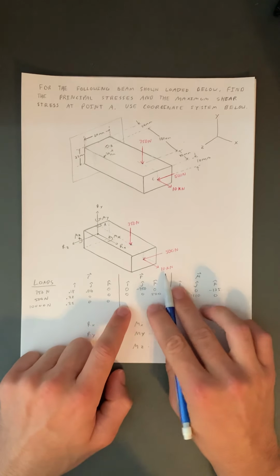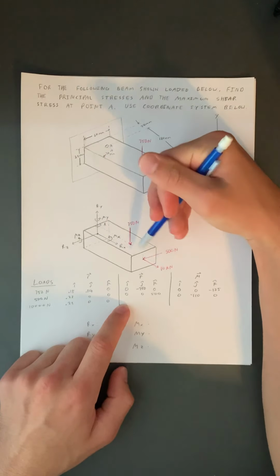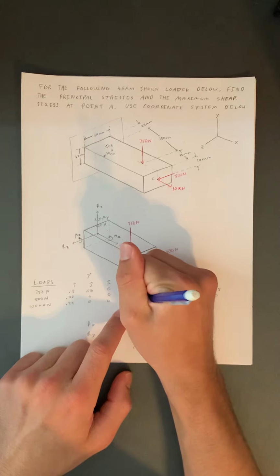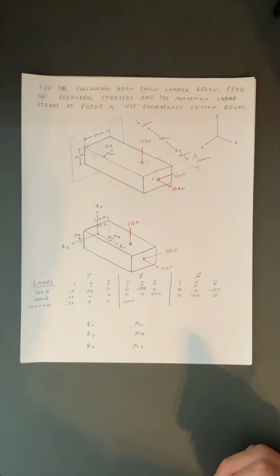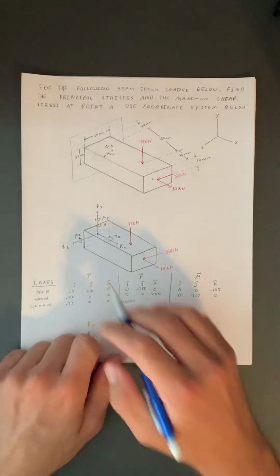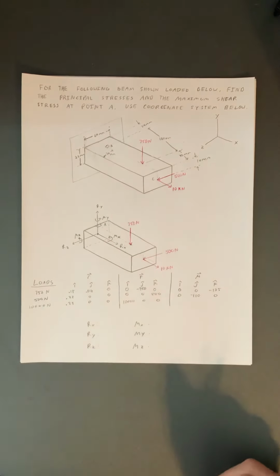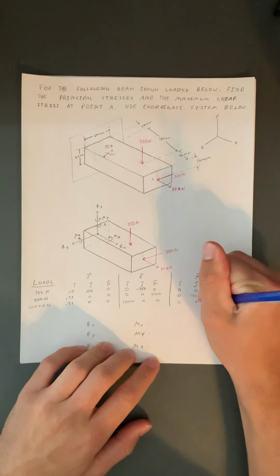And the force vector, in this case, is pulling in the positive x direction. So x will be a positive 10,000. And it is not pulling or pushing in the y direction or the z direction. So 0 and 0. And taking the cross product again, we get 0, 0, and 0.